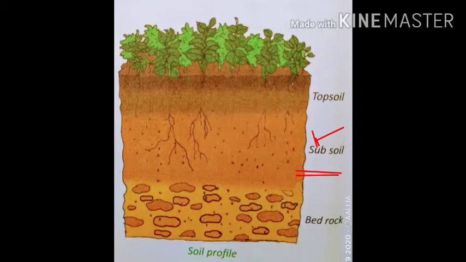It is the middle layer of soil present below the topsoil. It also contains different amounts of sand, clay and small pebbles. It lacks humus and due to the absence of humus, this layer of soil is light in color.